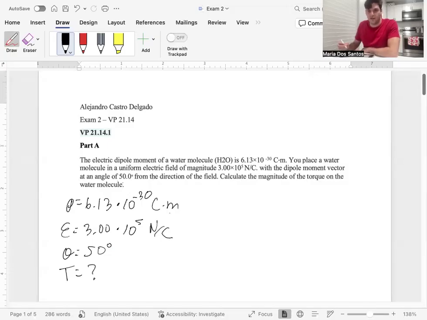Okay, there is a relationship between all of what is given to us. And we should know that torque is equal to dipole moment times electric field times sine of the angle.